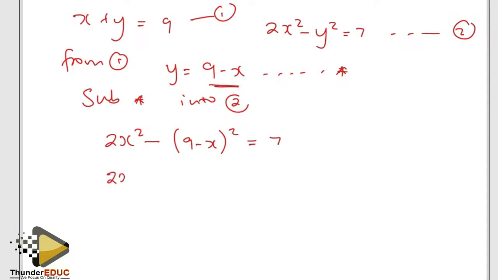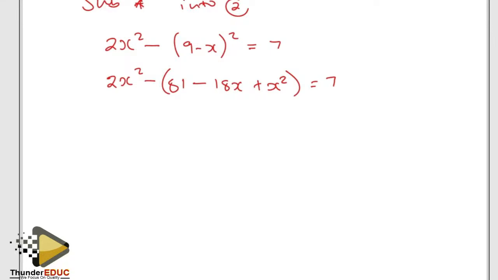When I open this up, remember this is a square bracket. So that's going to be 81 − 18x + x², which should give us a 7. Open with a negative sign, it's going to be 2x² − 81, that's going to give me +18x, that's − x² = 7.